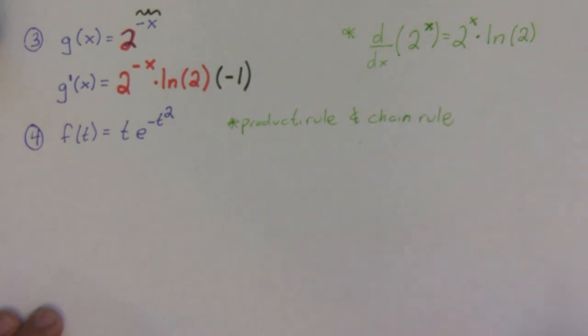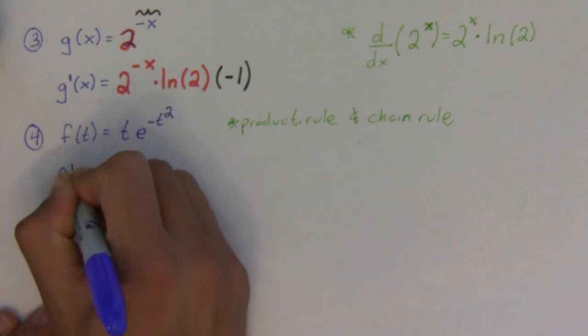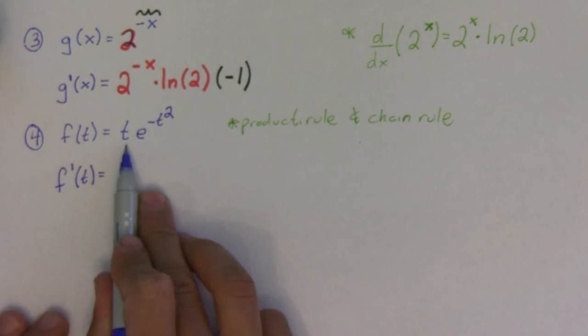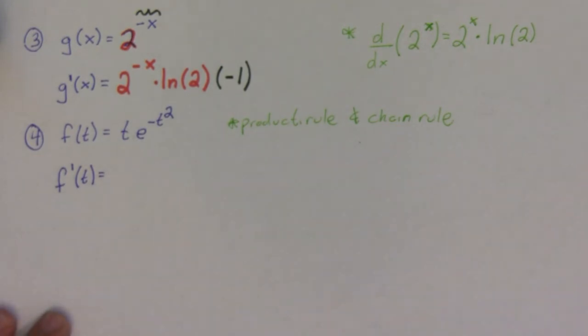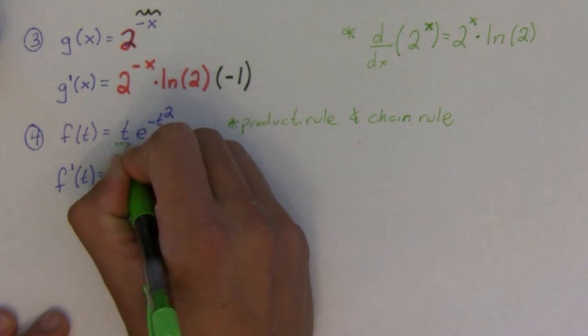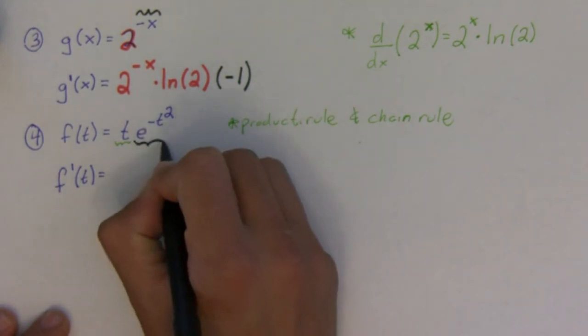So it's a double whammy. Okay, so let's get going here. So the very first part is that we have to use the product rule. And so this is going to be the first function, and then I'll do the second function black.